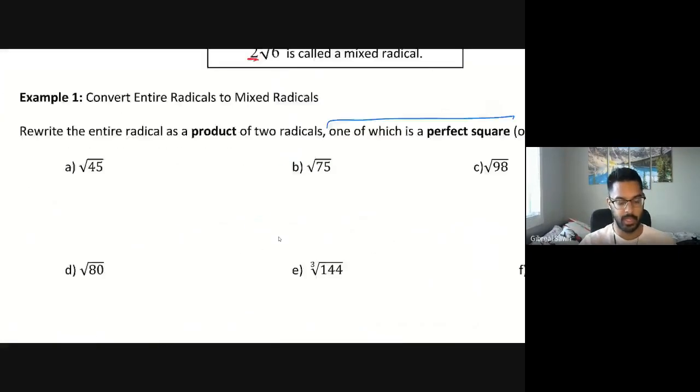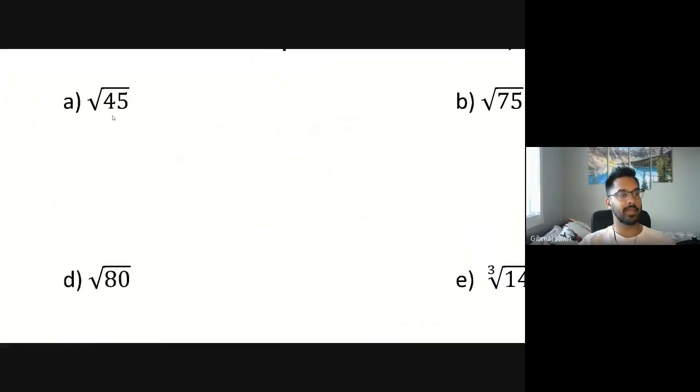So if we start by looking at A, 45 is our radicand, and it is a square root. So when we go to break that up into the product of two radicals, we want the radicands that are underneath, one of them to be a perfect square, one of them to be something else that when you multiply them together, you get 45. And one of the ways, or the way that works for us, is 9 multiplied with 5.